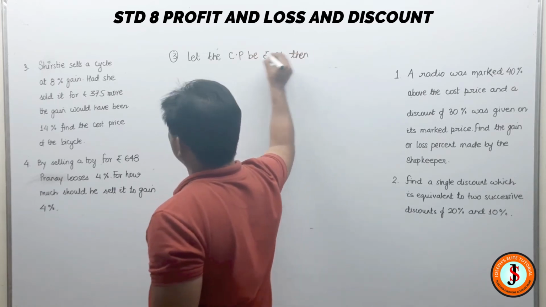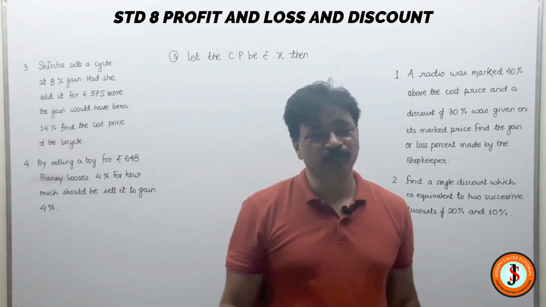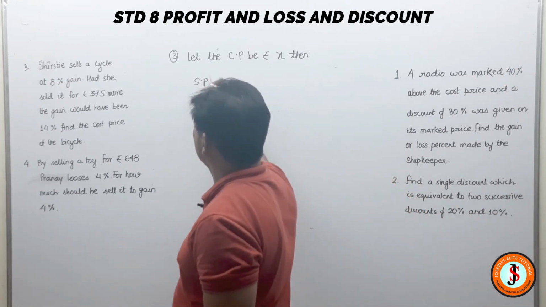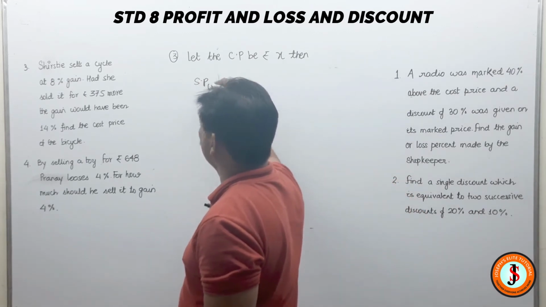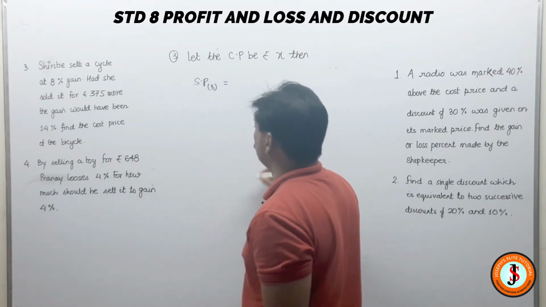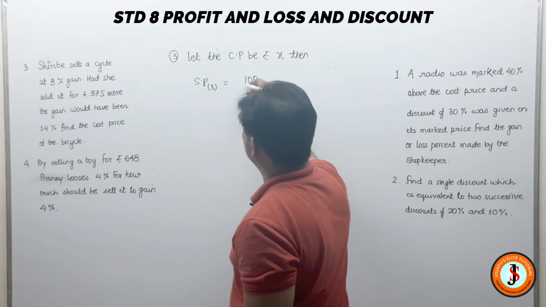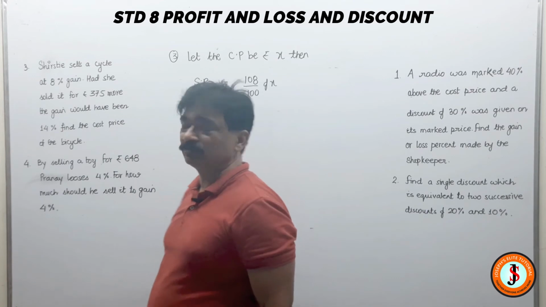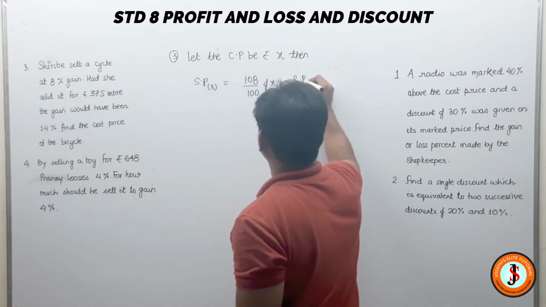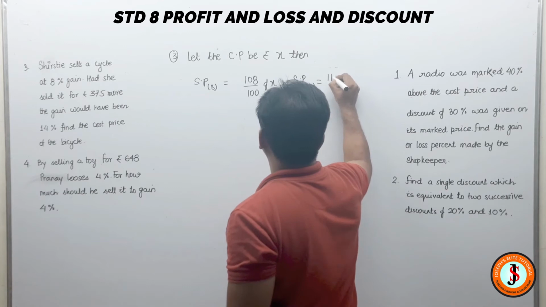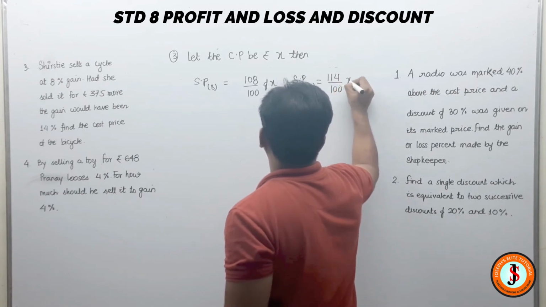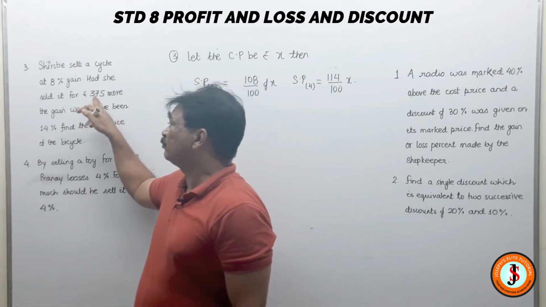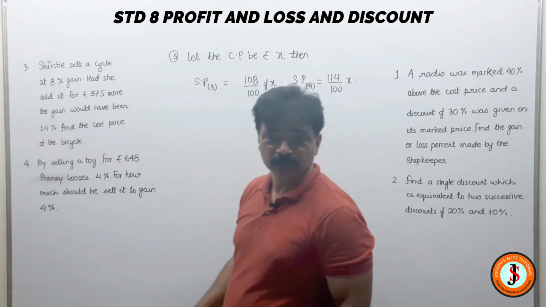If she sells it at a gain of 8%, then SP will be 108% of X. And if we sell it with a gain of 14%, the SP will be 114% of X. So 114% of X is 375 rupees more than 108%, because that is the difference.